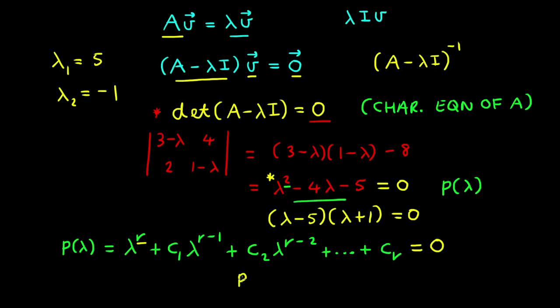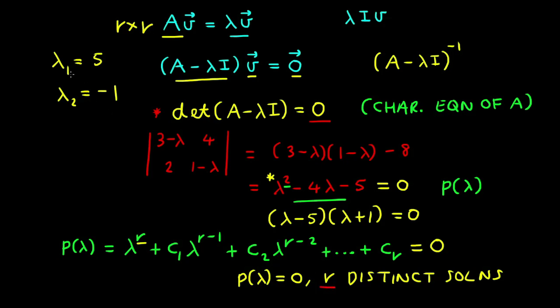So effectively, P of lambda is equal to 0 has at most R distinct solutions, and therefore an R by R matrix has at most R distinct eigenvalues. And we're focusing on real eigenvalues for now, but they can be complex, which we'll cover later on.